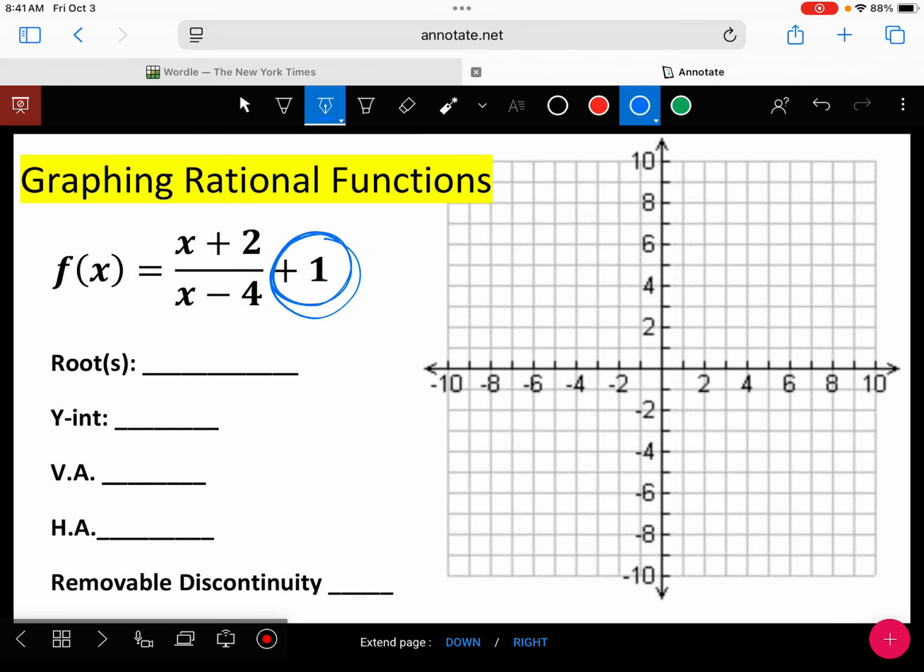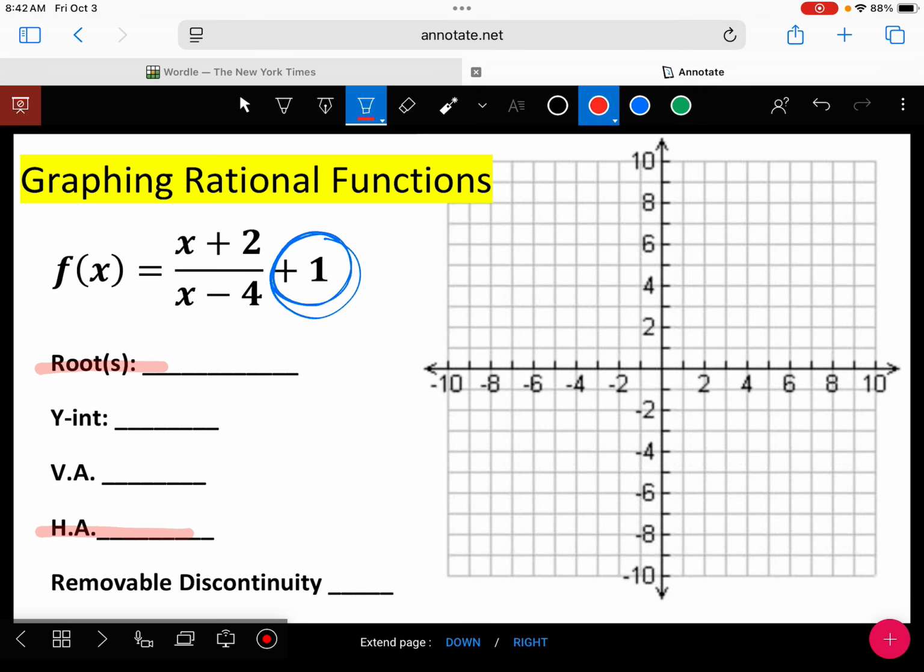That +1, if you add a number or subtract a number, in other words, it's not just one fraction, we call that a special case. And when it's a special case, it will affect these two. So we have to do those a little different. Well, I guess it kind of affects the y-intercept too, but not really.